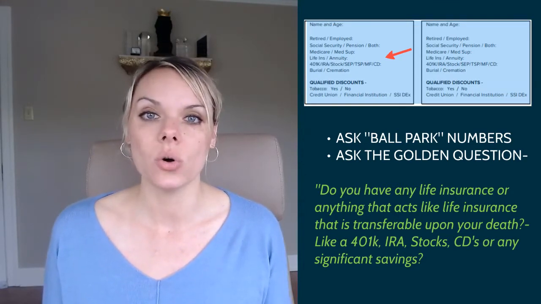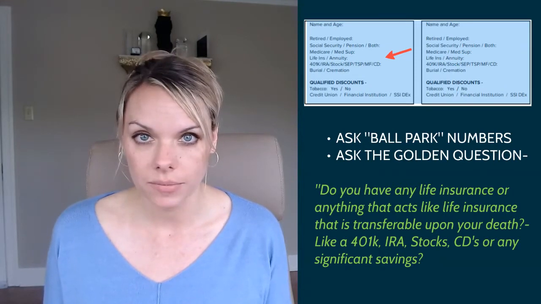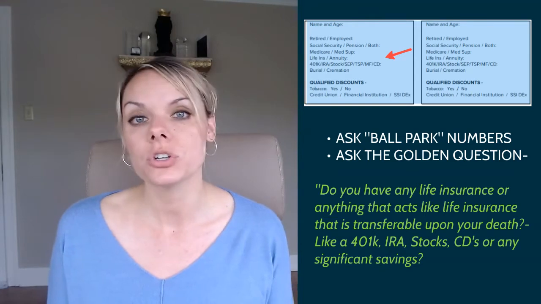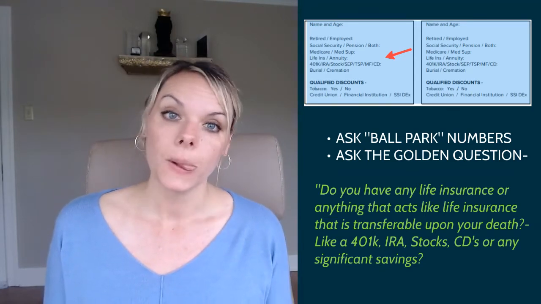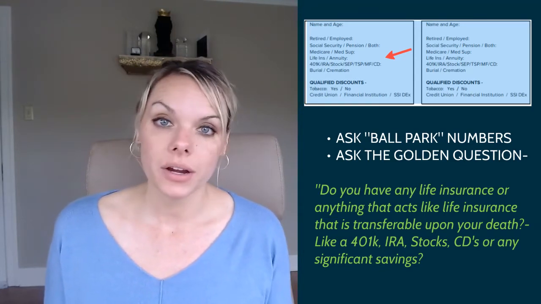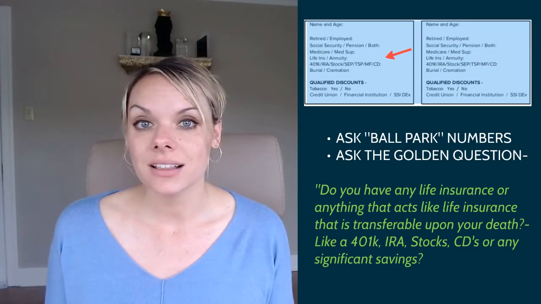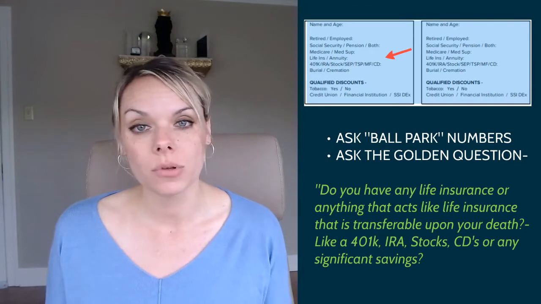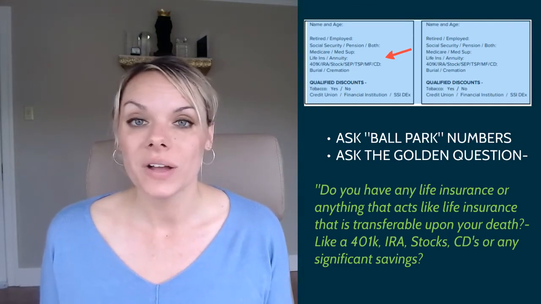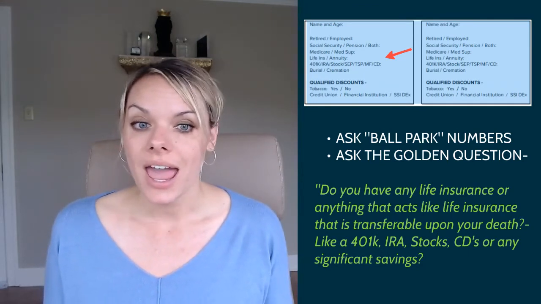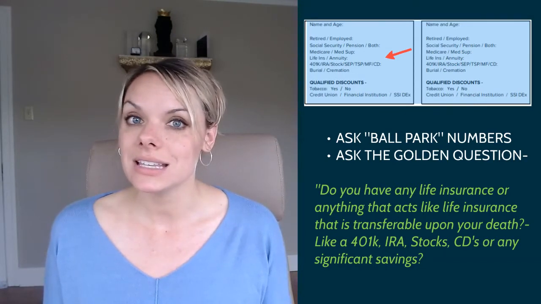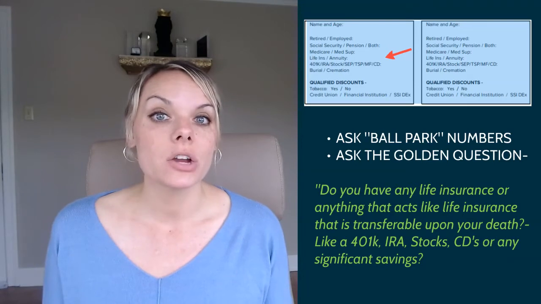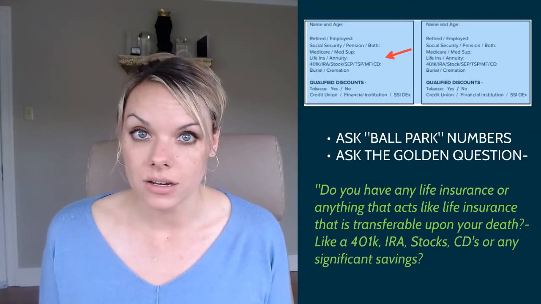Now, asking the golden question every single time that you are in an appointment, doesn't matter what the house looks like, doesn't matter what you possibly think or not. The golden question is, Mary, do you have anything that acts like life insurance that's transferable upon your death? Any old 401ks, any IRAs, any stocks, CDs, mutual funds, any significant savings that your daughter can use when you pass on?